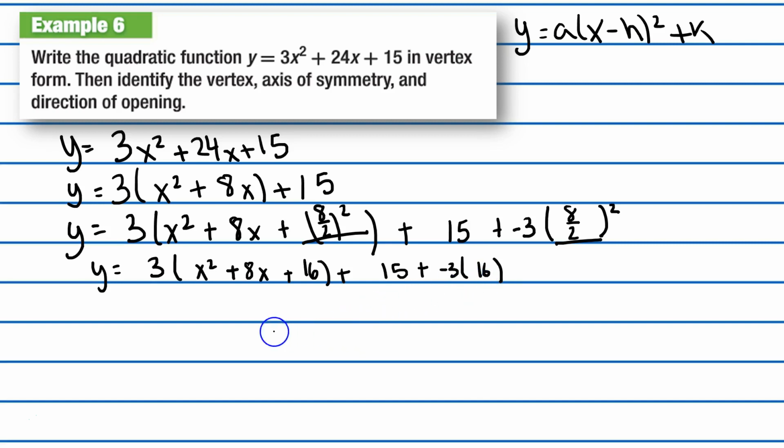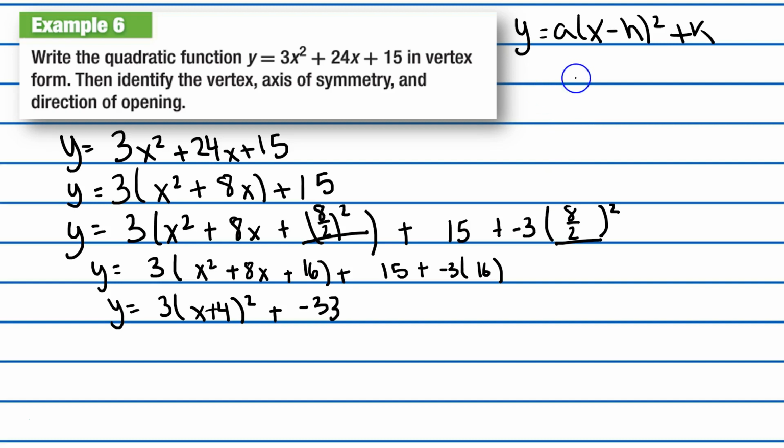Now let's simplify this. So y equals 3 times, well, I know what this factors out to be. It factors out to be (x plus 4), but that's going to be squared, plus, and this is going to simplify to be negative 33.